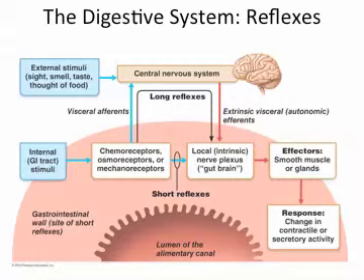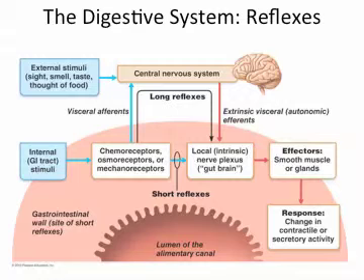Within the gastrointestinal wall is where the neurons of the enteric nervous system live, and also where the parasympathetic nervous system starts.